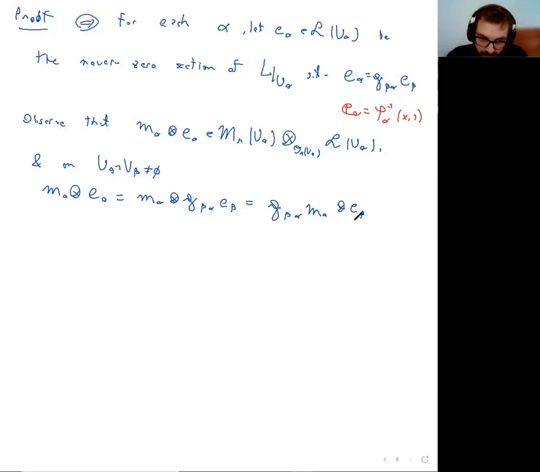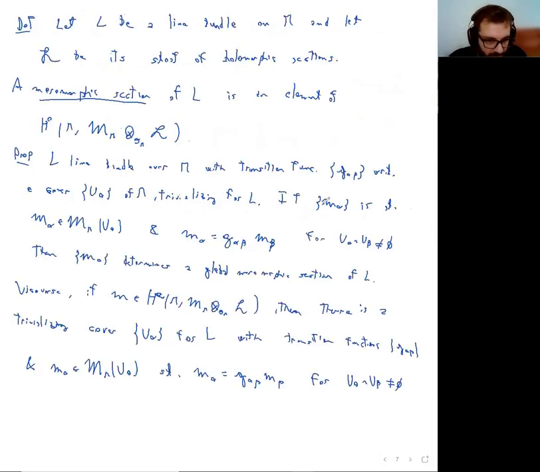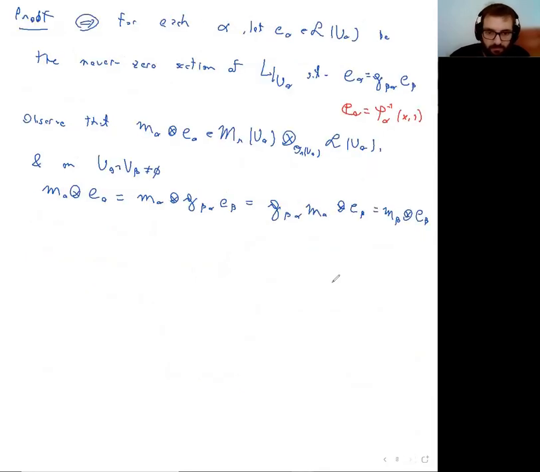But then this is simply m beta by our hypothesis, yeah? So in particular, they glue. So m alpha tensor e alpha defines a global section.